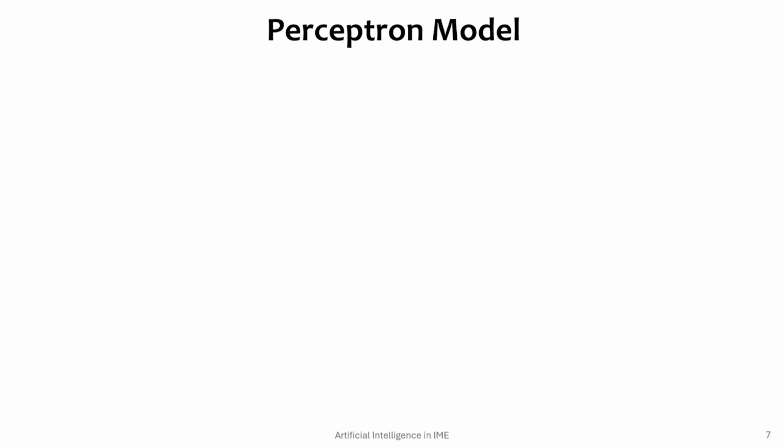We have already understood what a single TLU unit is, right? Now, this single TLU can be utilized for binary classifications. How do we do that?